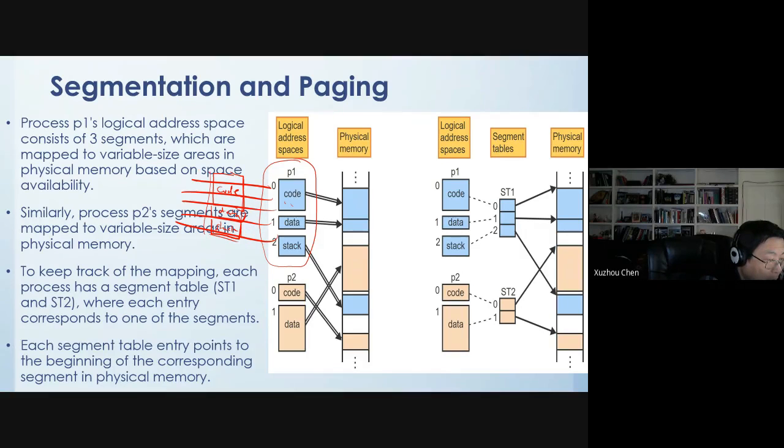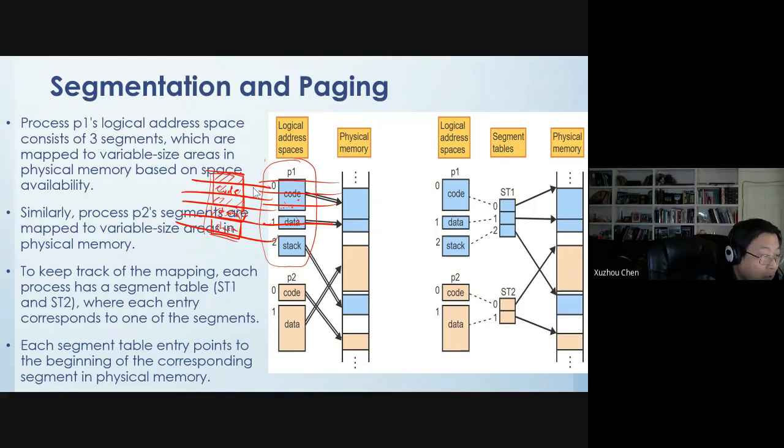So this one is page 0, this one page 1, this is page 2, this is page 3. In this case, if I chop using the paging, one of the pages is going to contain part of the code and part of the data, right? So this is not right.